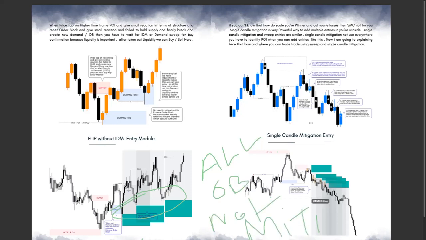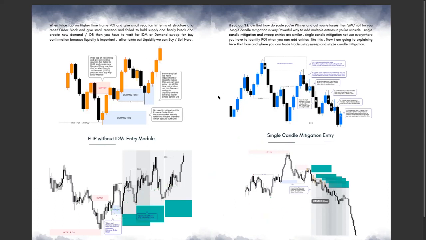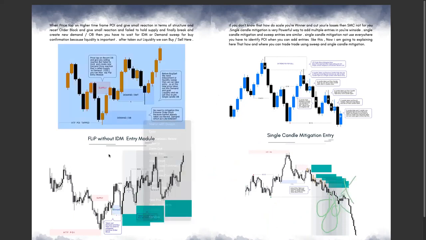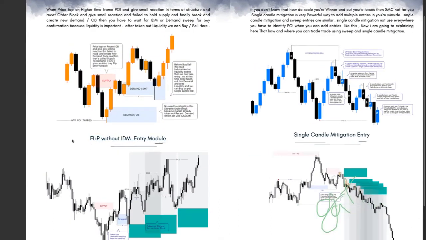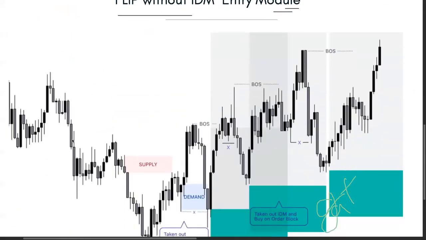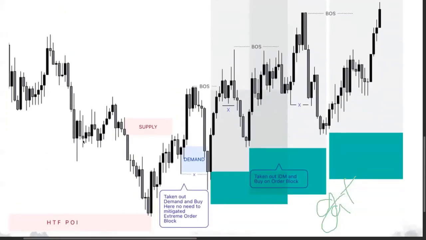All order blocks not mitigated. At this point, what happened here? Look at this one.